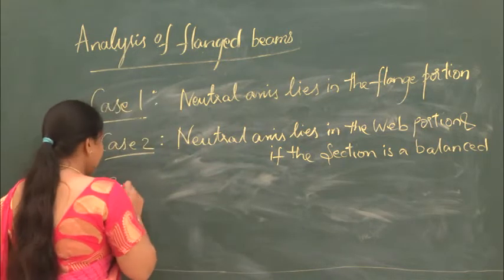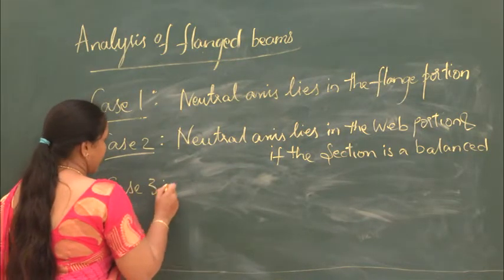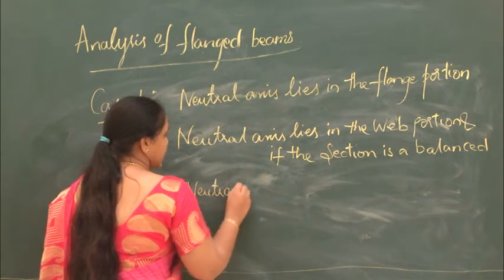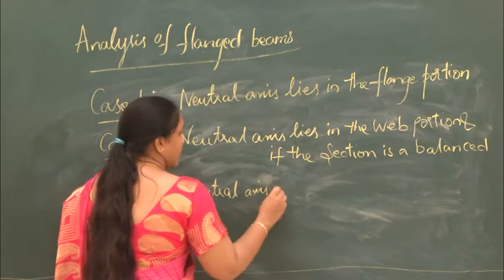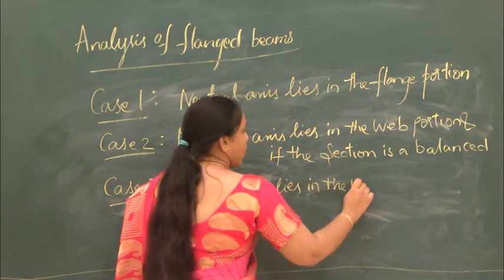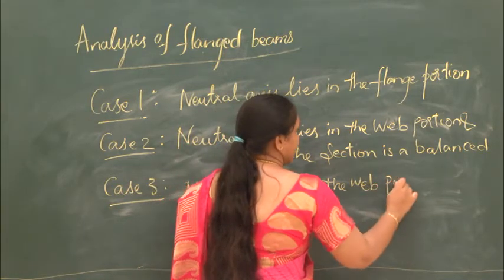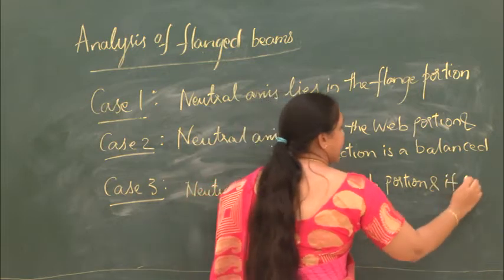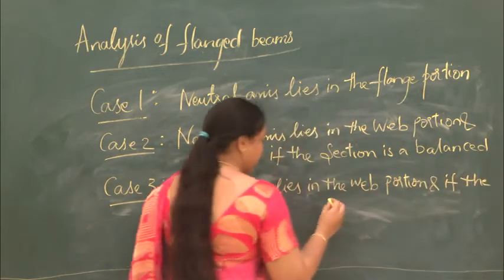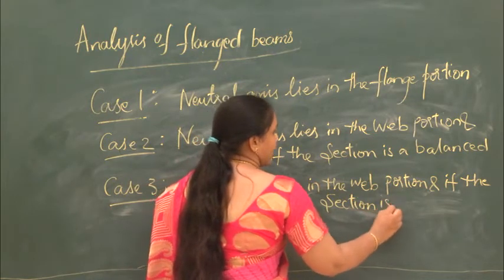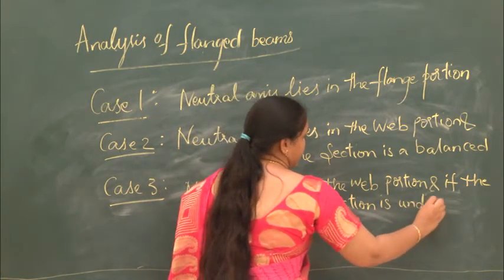So the next case is if the neutral axis lies in the web portion and if the section is under reinforced.